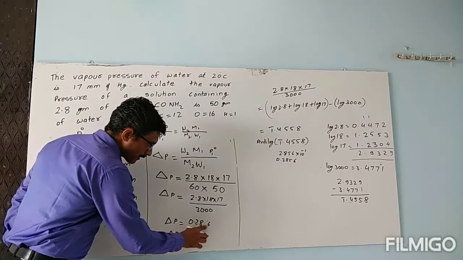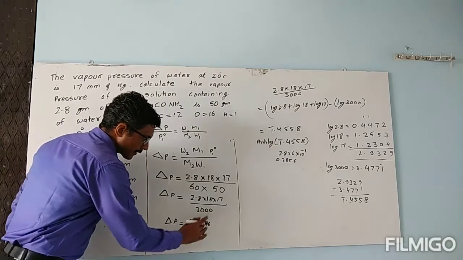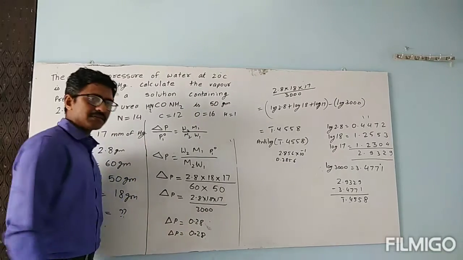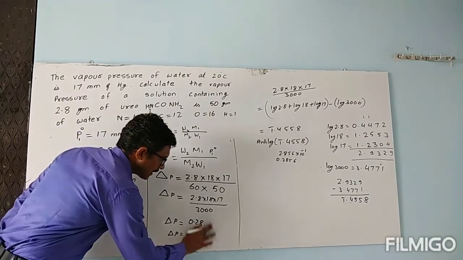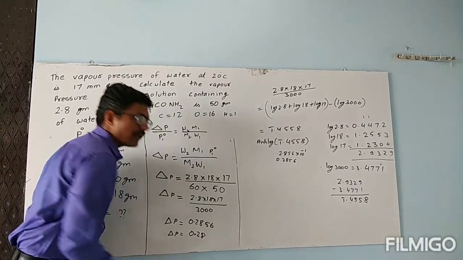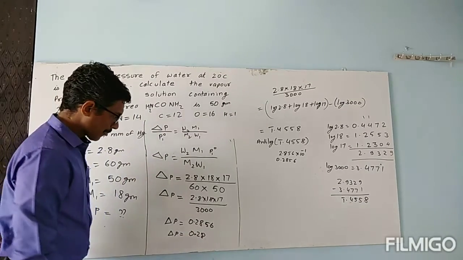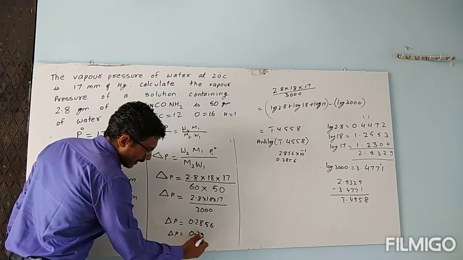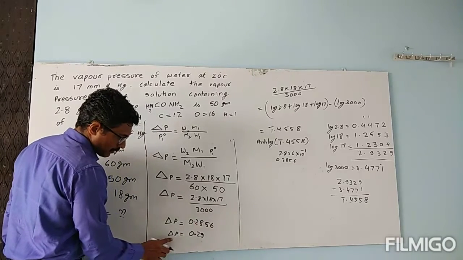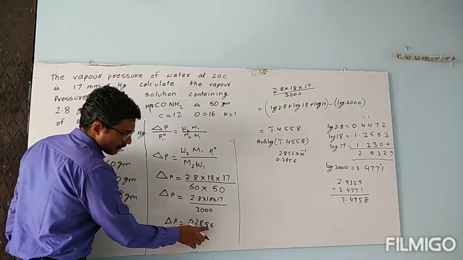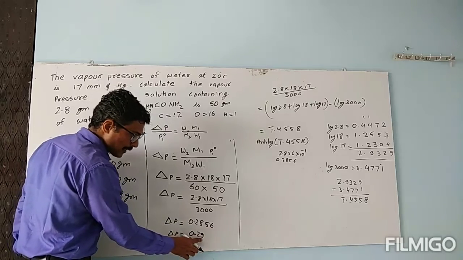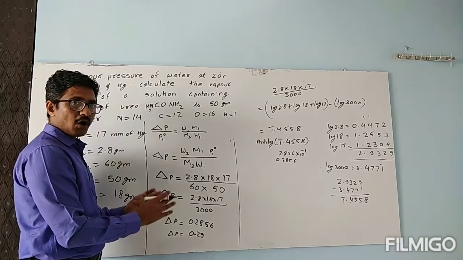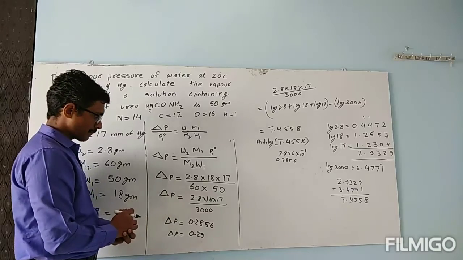But if you get 4 here, then forget everything, just keep 0.28, that's it. This is the method of taking the round figure. Here it was 5, so I will write 9 and leave other things. Now 0.2856 or 0.29, that is one and the same. That is known as the rounding of the figure.